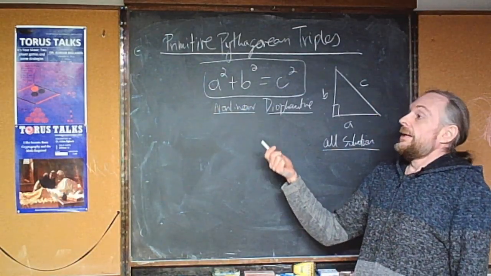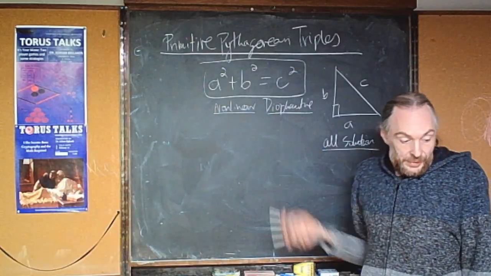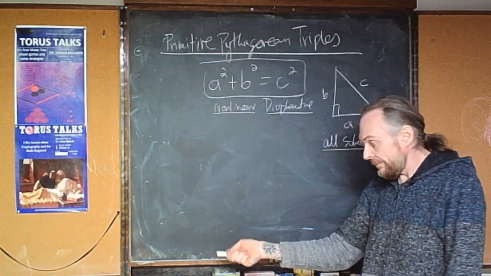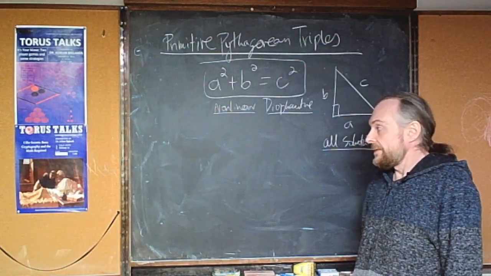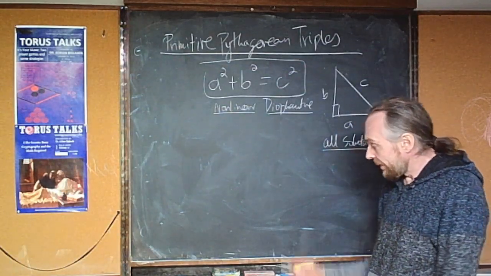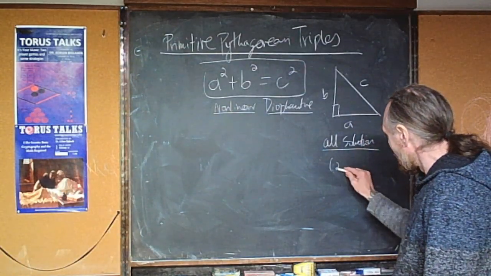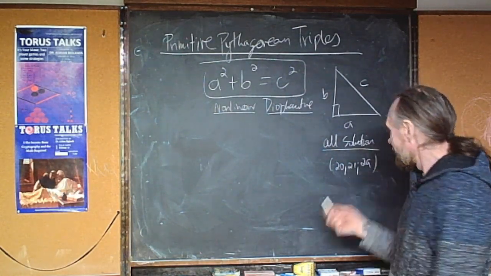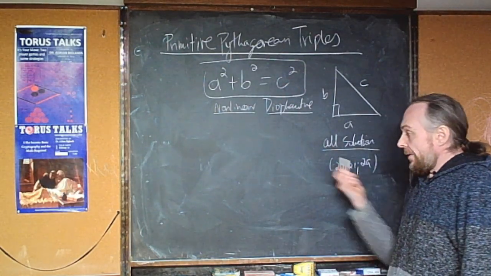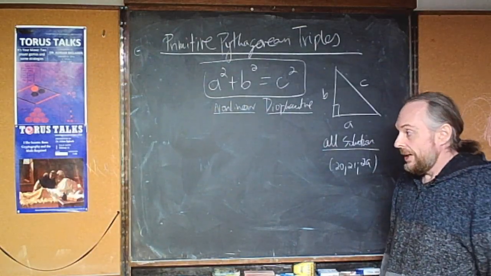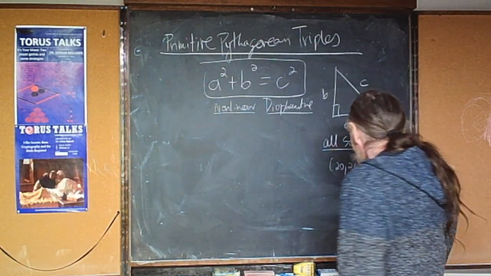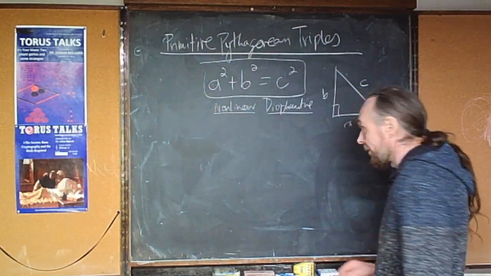Starting with any even number larger than 2, we can find infinitely more. Some are different, some are the same, but then we find a Pythagorean triple, I believe 20, 21, 29, which can't be found in either of those lists. So somehow we're missing solutions. It's not the complete solution of the Pythagorean problem.